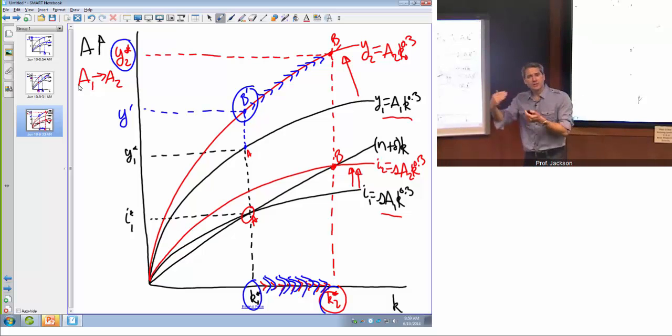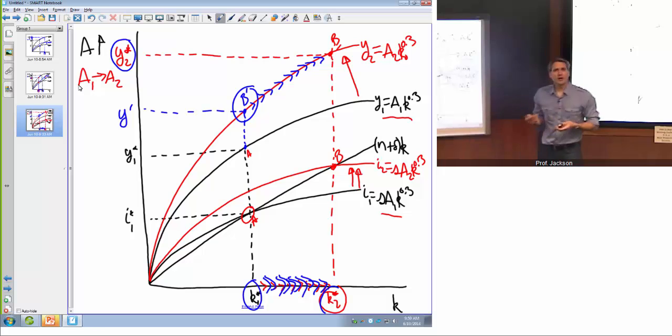But over time, there's another effect, which is the capital stock grows as a result of higher output leading to higher savings, which leads to higher investment and increases in capital stock over time. So as the capital stock grows, output per worker grows over time as well, till we get to that new steady state level of output per worker. And so that's the beauty of increases in technology and TFP, is that you have this sort of double whammy.